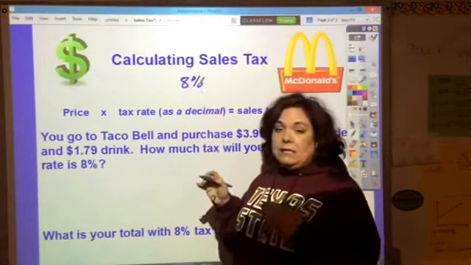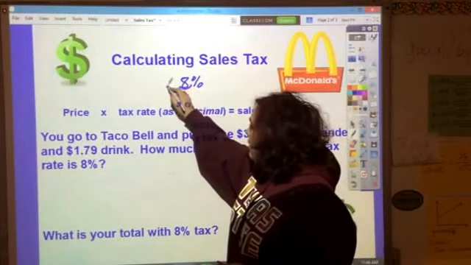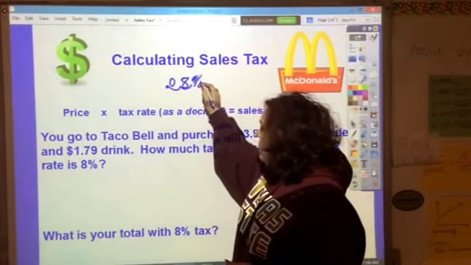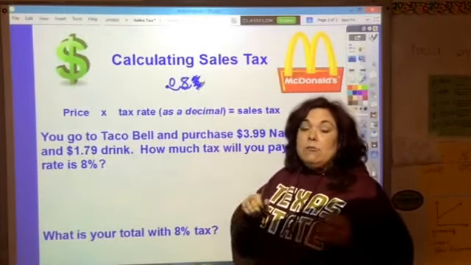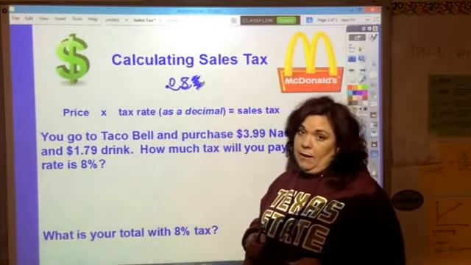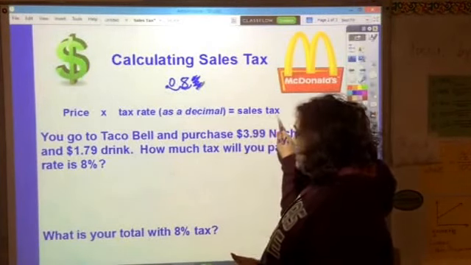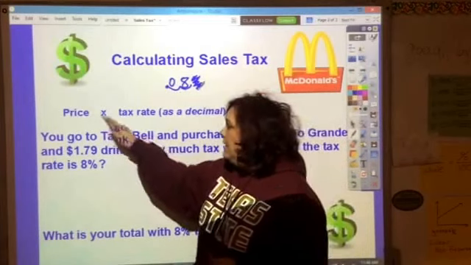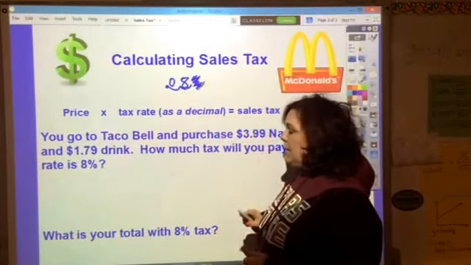And so that's a percent. To get to a decimal, you go 2 places to the left and take away the percent sign and add a decimal, and that's 0.08. So that's what you're multiplying by. And so that it equals the sales tax. Once you've done the price times the tax rate as a decimal, that's the sales tax.